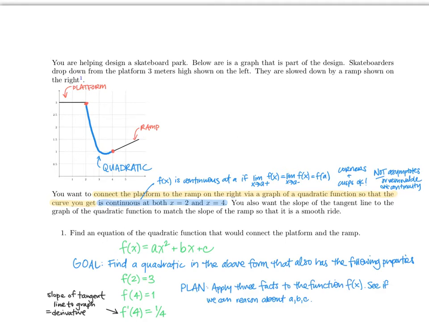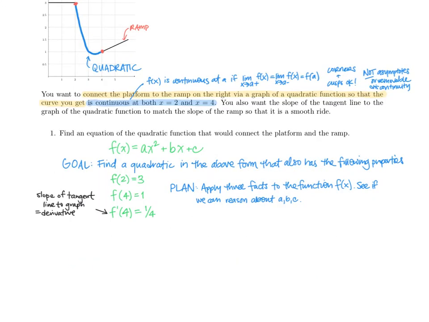Let's apply that first fact, that when we plug in 2 for x, we should get out 3. All right, so that first piece is going to manifest itself in the following way. If I plug in 2, I should get out 3. Okay, let's take a look at the second piece of information, that if I plug in 4, I should get out 1.